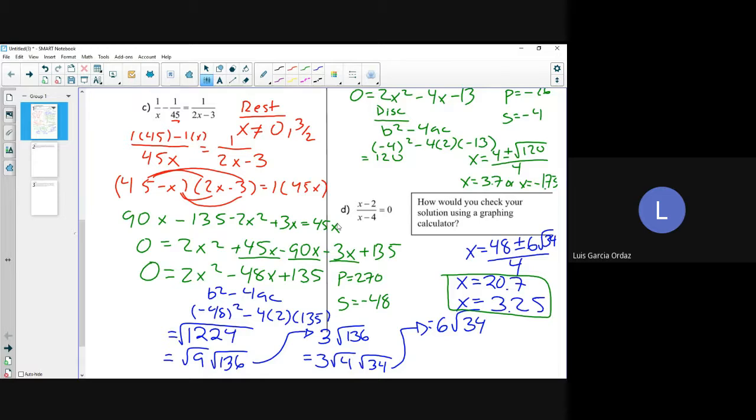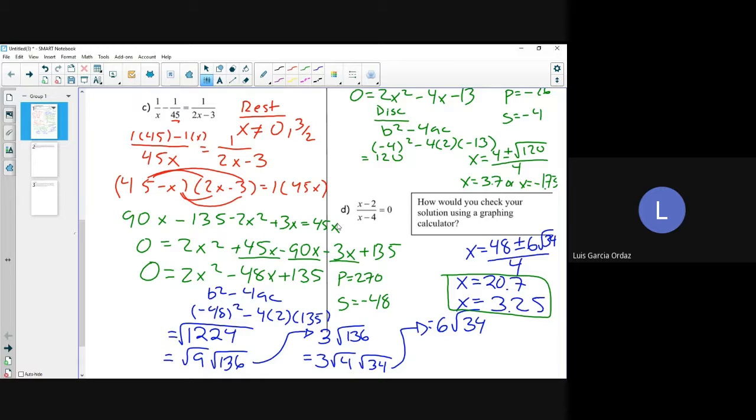So it'd be 6 bracket 34 or something like that. 6 root 34 would be 34.9. Okay, so you have to do brackets. Yep, and then you get 82.9, divided by 4.